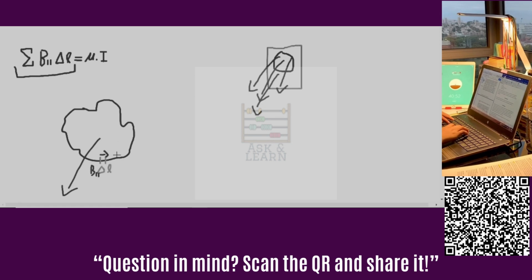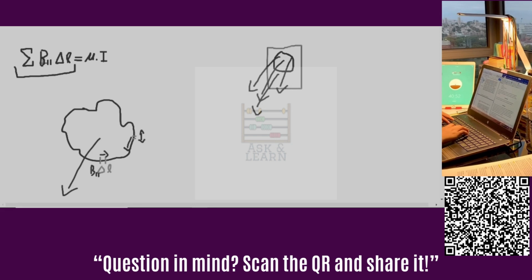It's each segment. So if we go up to a different point in the circle, right here, our parallel B would have to be pointing in this direction, either up or down, but it has to be parallel to the length of wire. In the case of it coming perpendicularly out of the page, it has no effect.